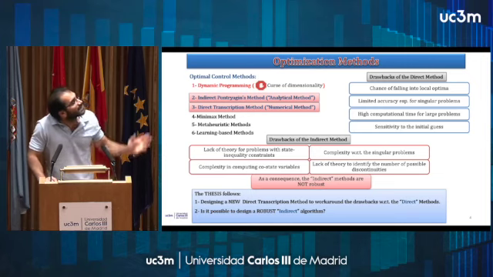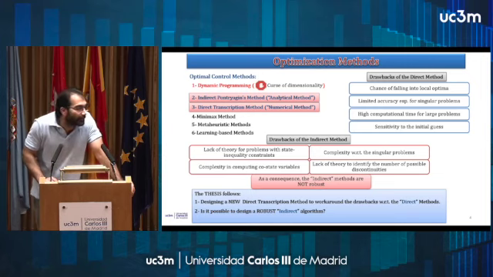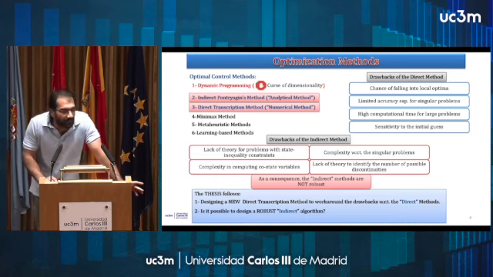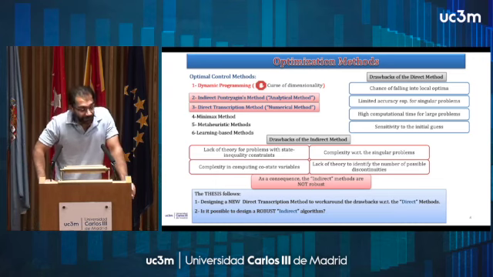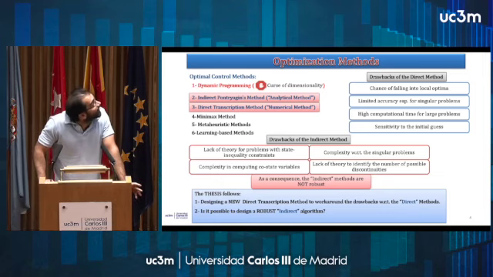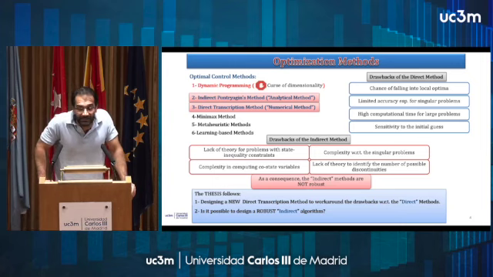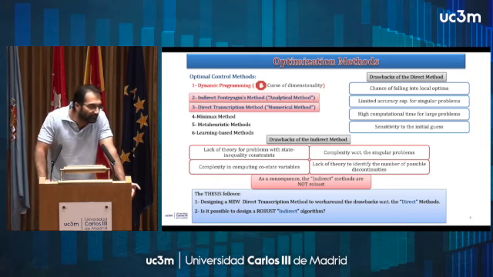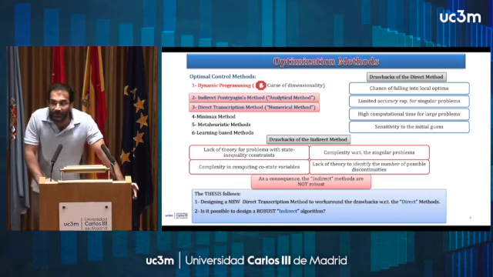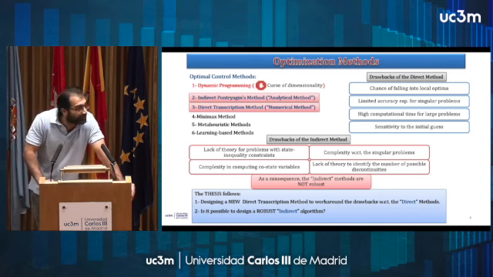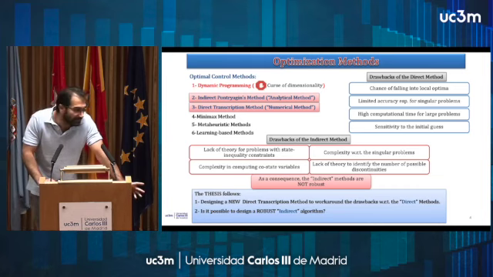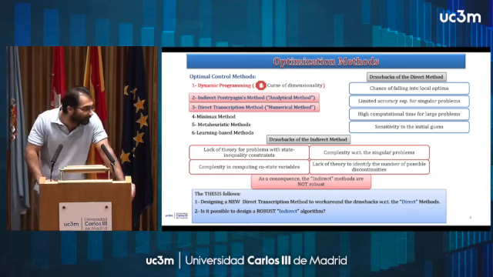It also has limited accuracy, especially for singular problems, high computational time for large problems, and sensitivity to the initial guess. The drawbacks of the indirect method are the lack of theory for problems with state inequality constraints. In fact, the Pontryagin maximum principle has not yet been proved for an optimal control problem with state inequality constraints, at least not that I am aware of.